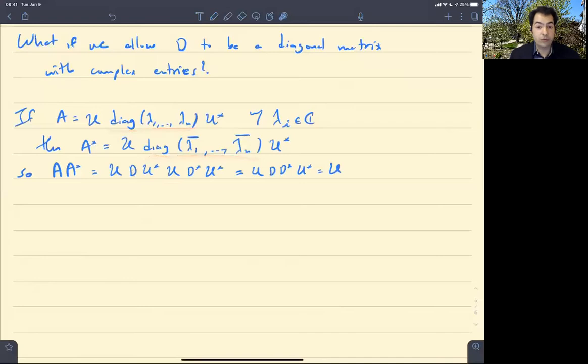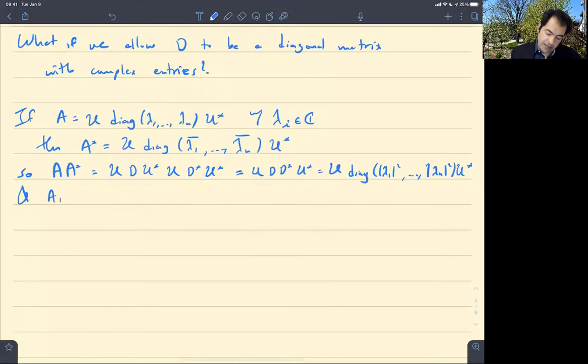They're both diagonal, so I'm just going to multiply the corresponding diagonal entries. And so I would get diagonal of lambda 1 modulus squared through to lambda n modulus squared, and then U star. Right, but of course, D D star is going to be the same as D star D. It doesn't matter what order you multiply those in, because you're just multiplying in each entry, and in each entry, you're just doing multiplication in the complex numbers.